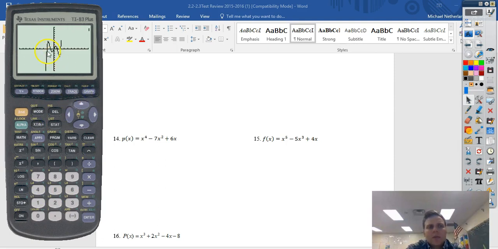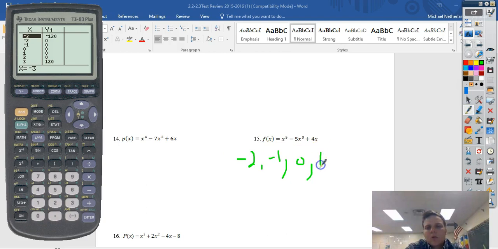And I see that I get my 5 zeros here, here, here, here, here, since they all look like lines, and I can count 1, 2, 3, 4, 5. And I'm going to see if the table has them, if they're all whole numbers. 1, 2, 3, 4, 5. Wow, that was nice. -2, -1, 0, 1, 2. Okay, so my zeros are -2, -1, 0, 1, 2.